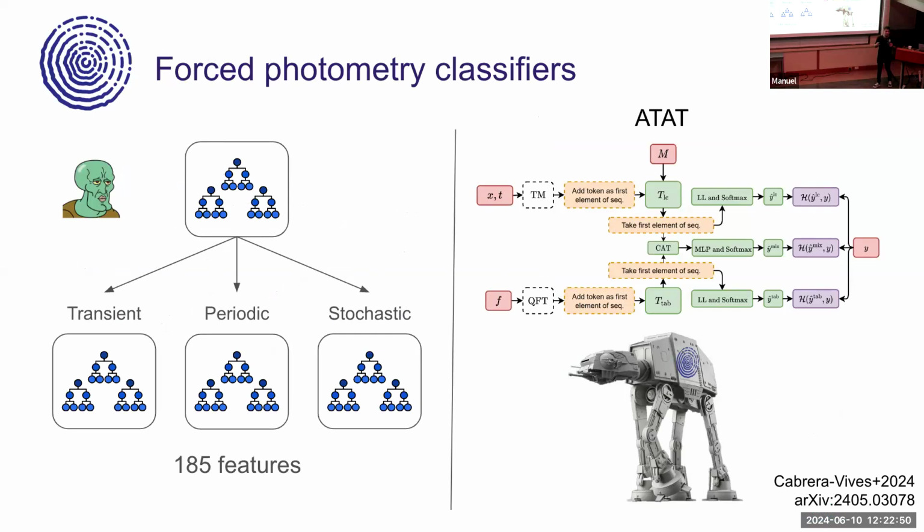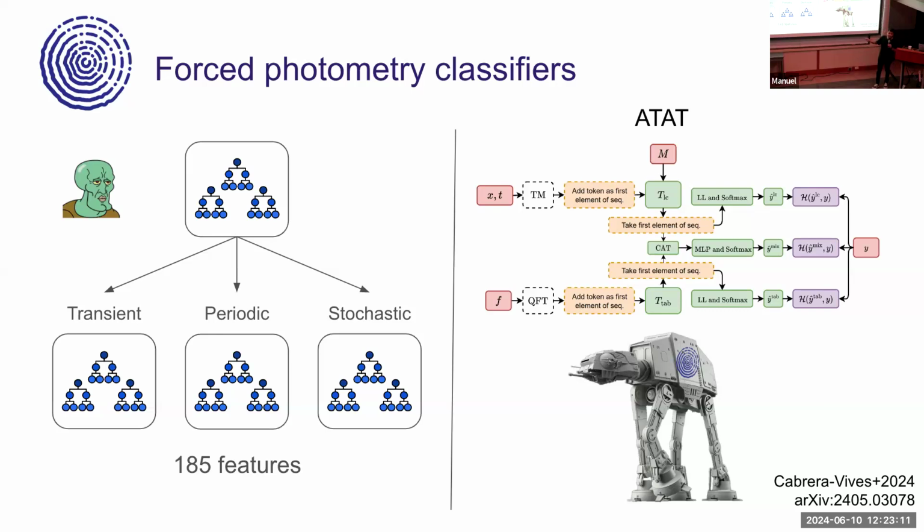So when an alert is triggered, we now have more data than before. We have not just the alert, but rather 30 days of data. So two classifiers are used in order to classify the forced photometry data through ALeRCE.